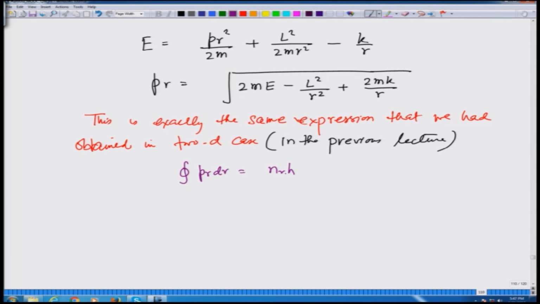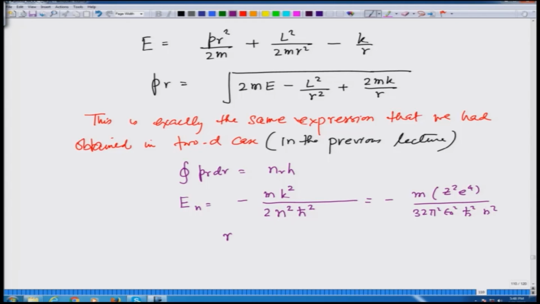I will urge you to go back to that lecture, and I will get exactly the same answer, E n equals minus m k square over 2 n square h cross square, which is the same as minus m z square e raised to 4 over 32 pi square epsilon 0 square h cross square n square, where n now is going to be n r plus n theta plus n phi.